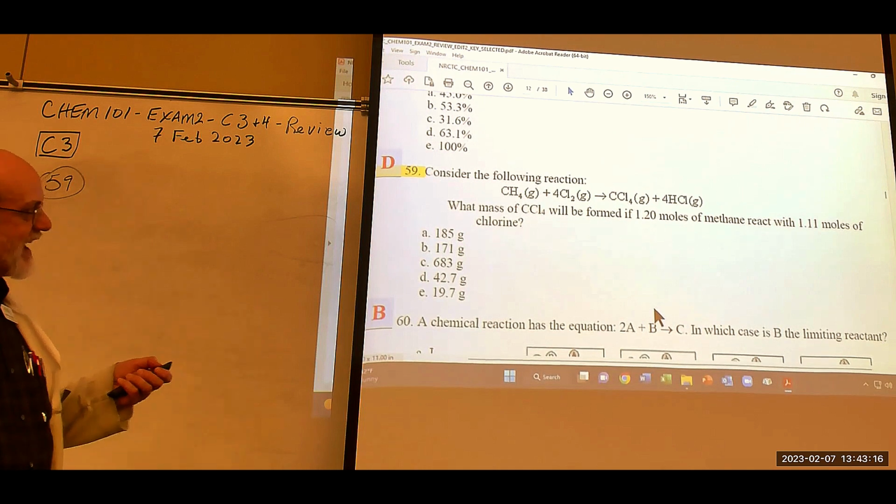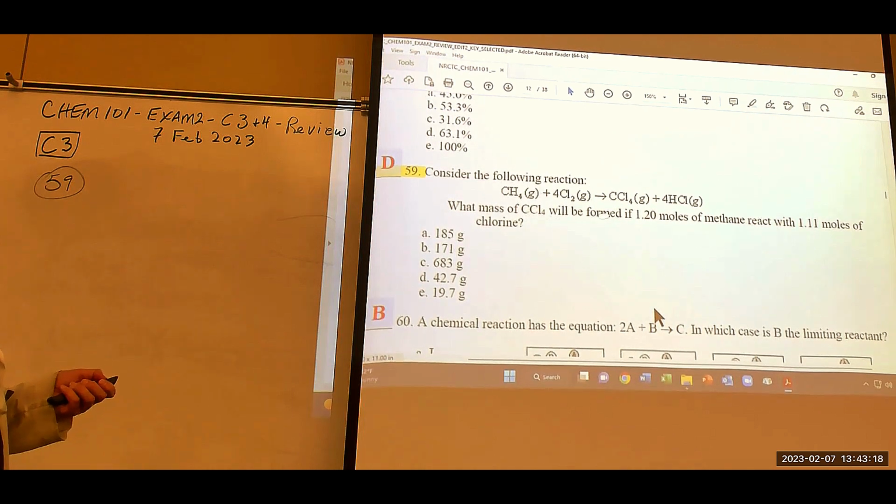Because we're given exact amounts of methane and exact amounts of chlorine, exact amounts of this reactant and that reactant. When a problem does that, you can assume that one of them is going to run out. So you got to figure out which one runs out first. That's the limiting reactant. And that will limit the amount of carbon tetrachloride that's formed.